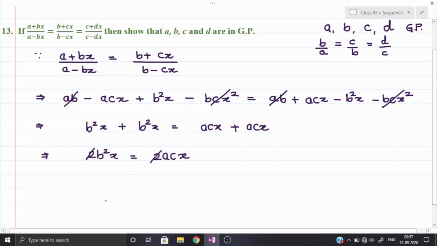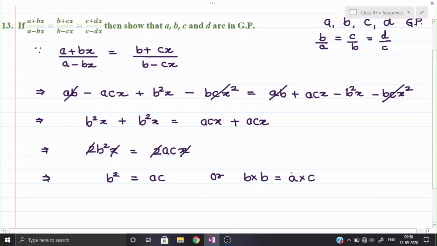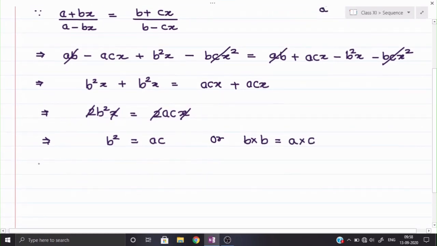Okay, so remaining is here, and x and x also we can cancel because we are not finding x here. So what we are getting, b square is equal to ac, or we can write down b into b is equal to a into c. That 1a we can bring upon b, and 1b we can send onto that side.